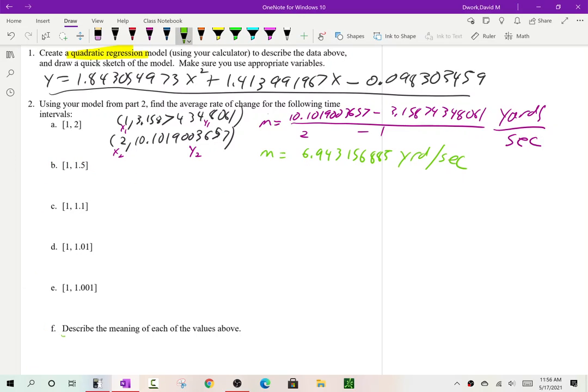We just described the meaning. At the end of every problem, I always want you to ask yourself, what does it mean? It's not just a number. What does the number mean? Does it have a representation that's important? Okay, so from 1 to 2 seconds, on average, the speed our thing was going was 6.94315 yards per second.